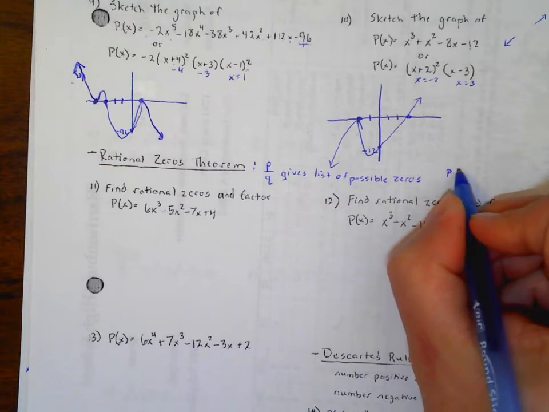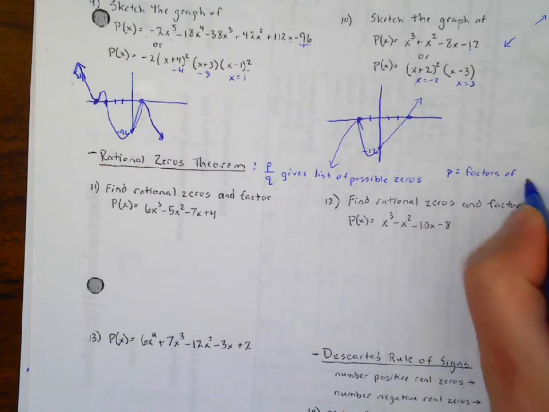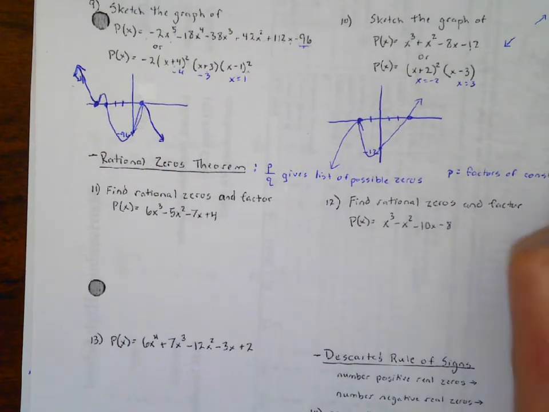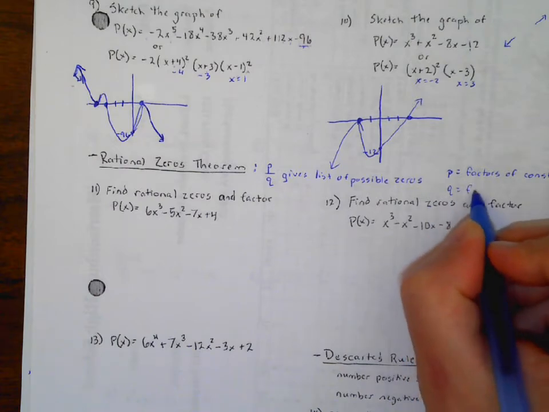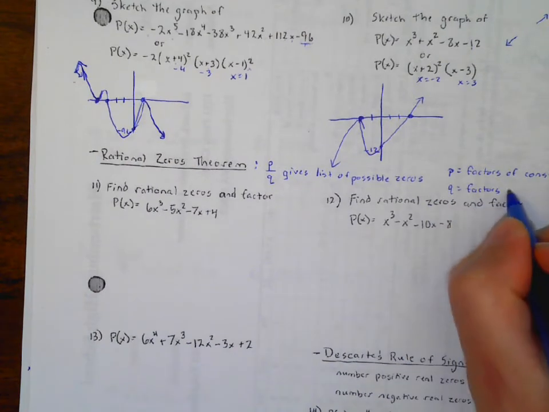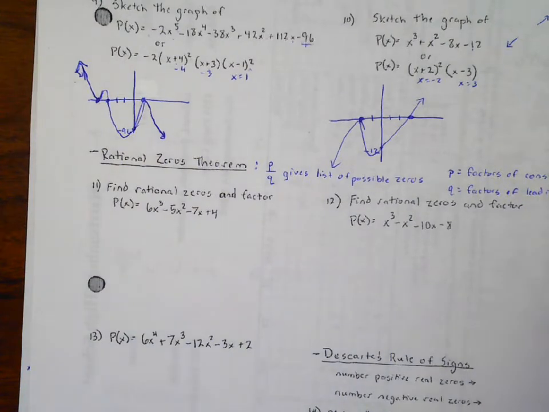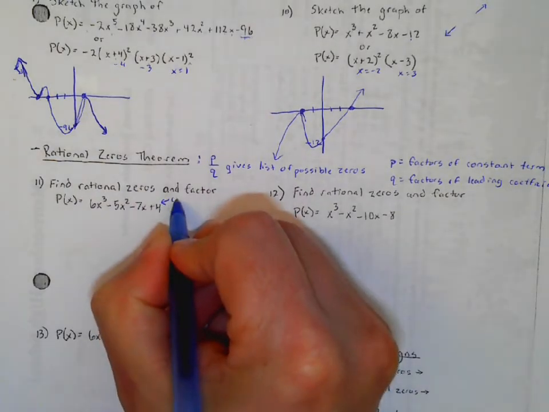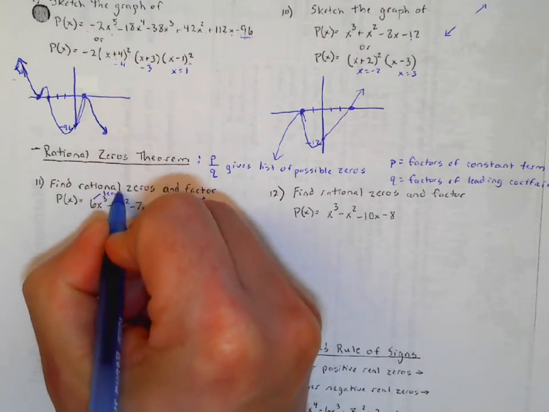So P are the factors of the constant term, and Q are the factors of the leading coefficient. So this here is the constant term, and this here is the leading coefficient.